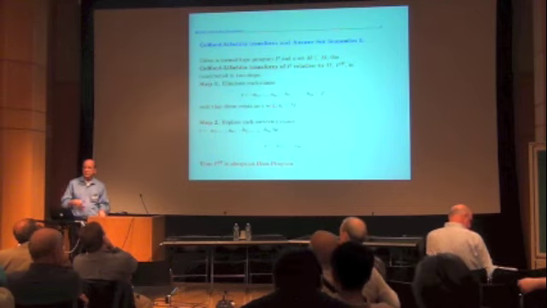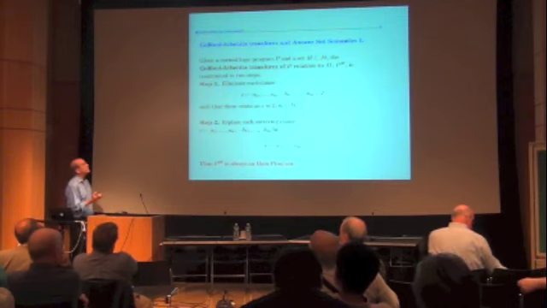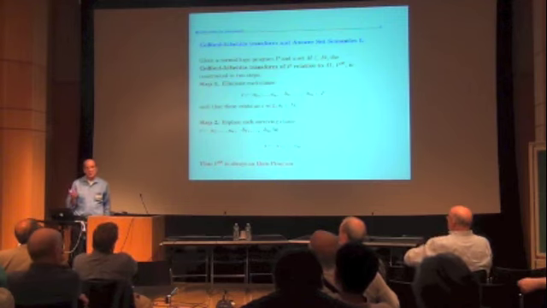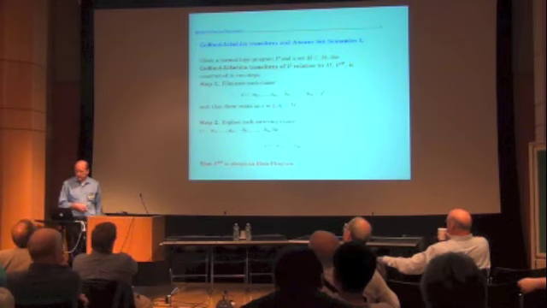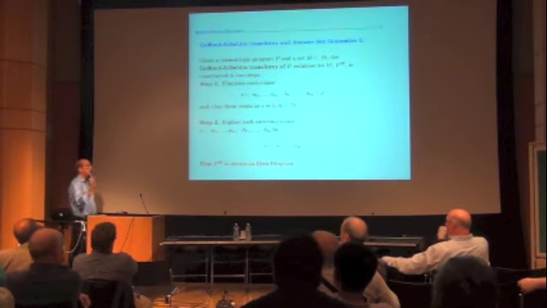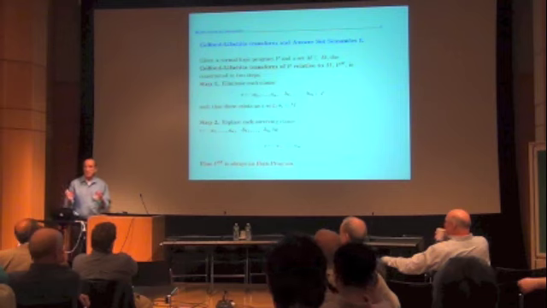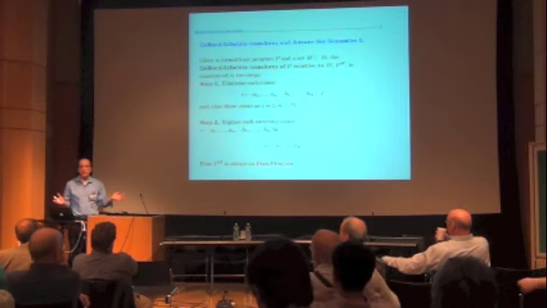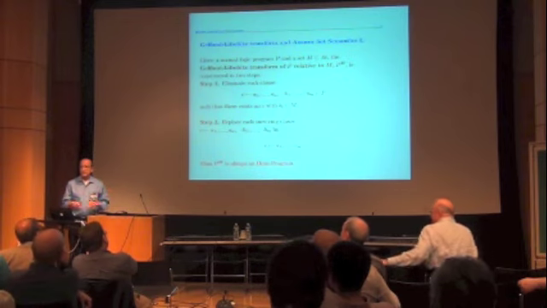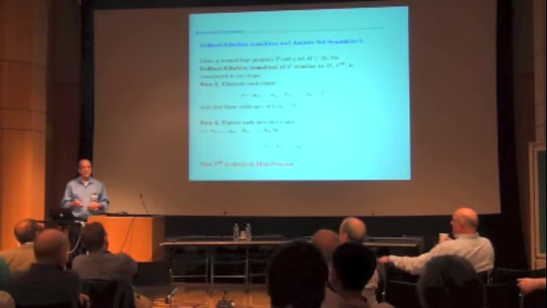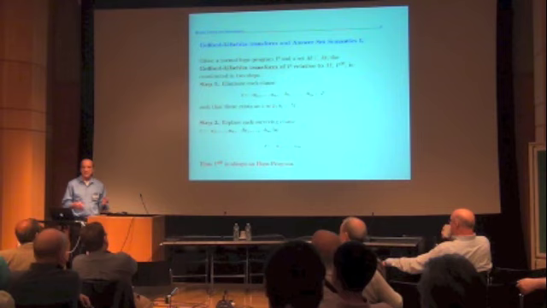So if I have a B that's in my model, and the clause says not B has to hold for the implication, well, I just throw it away. I don't care. Then for each surviving clause, I throw away all the negated atoms, and now I'm back to a Horn program. I get a collection of clauses that's a Horn program, and that has a least model. And if that least model agrees with M, then I call M a stable model.